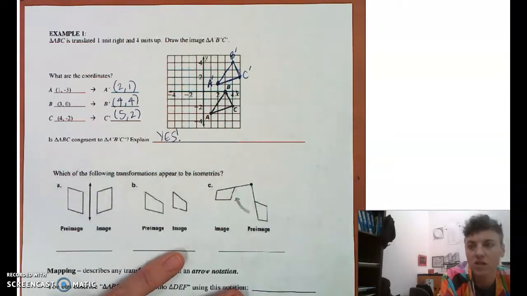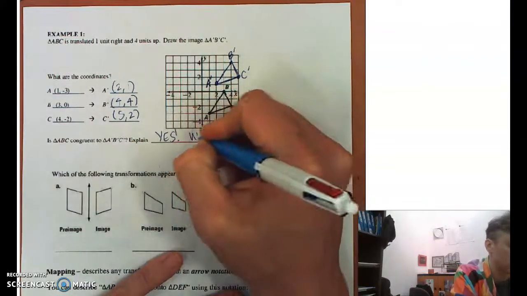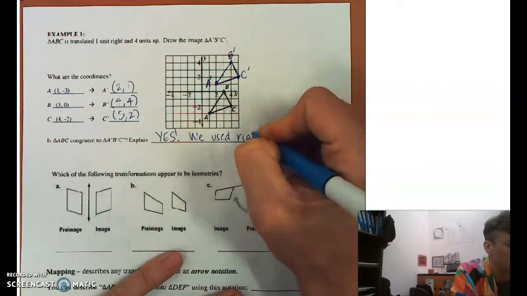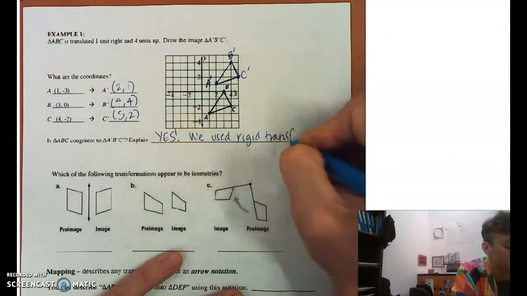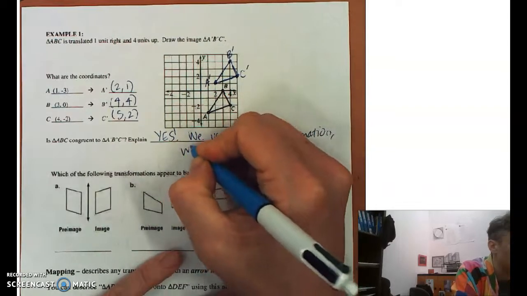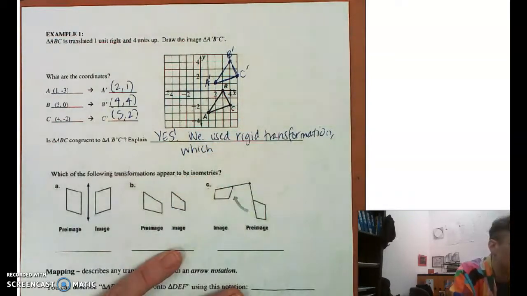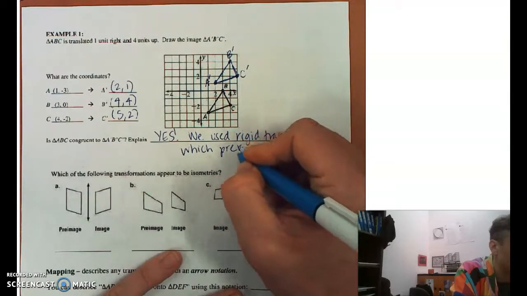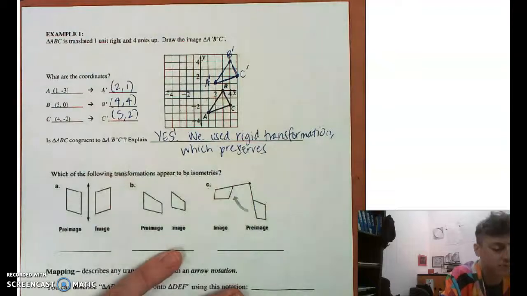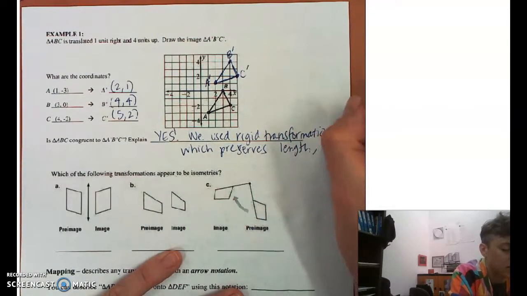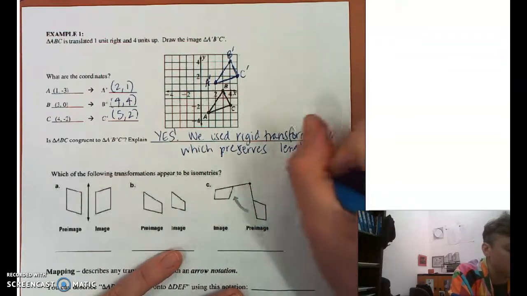We used rigid transformation to move it, which preserves length and, wow, having a hard time, angle measure.